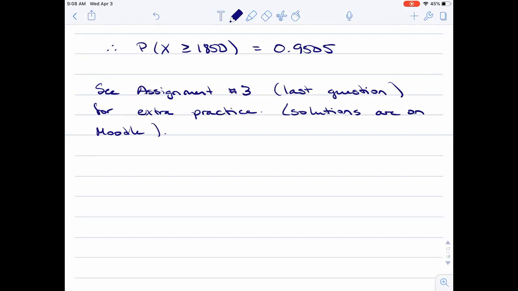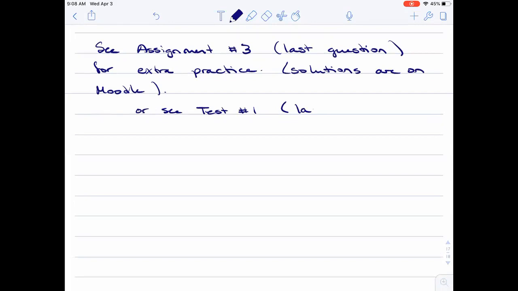And of course, you've got test 1, also the last question, I think, which also has solutions posted on Moodle. So try those. You don't have to hand anything in for the binomial, but definitely try them. Make sure that they're running smoothly for the final.